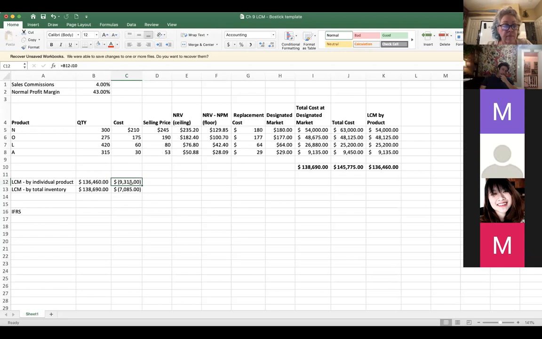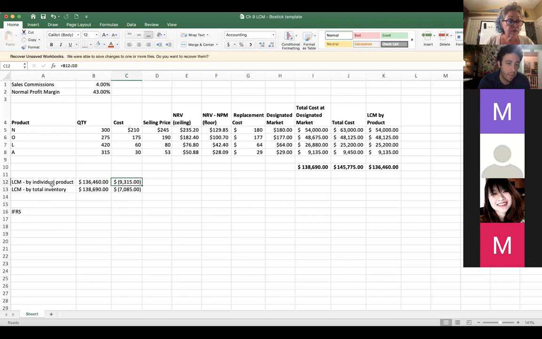Okay. Awesome. So now under IFRS, how would I have to do it? What does IFRS require us to do? Can we do it by total inventory, category, which we didn't do in this one, or by individual product? We have to do it by individual product.